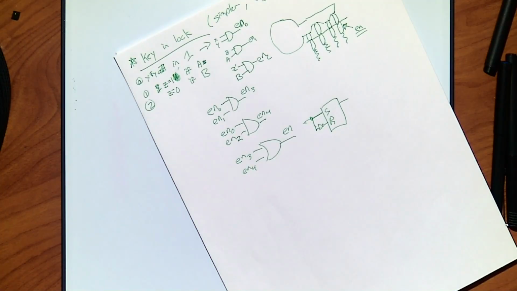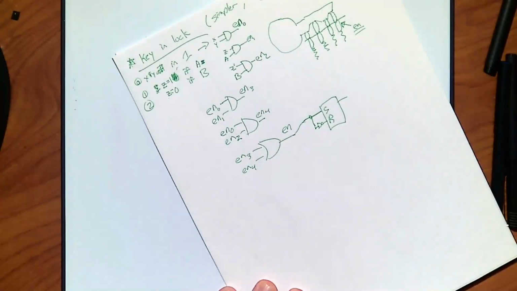So all I have to do is run my enable into my D, and boom, it'll run, it'll only do what that key tells it to do. Right? Does that make sense? So this just makes a nice, easy way to do this kind of job. Right?